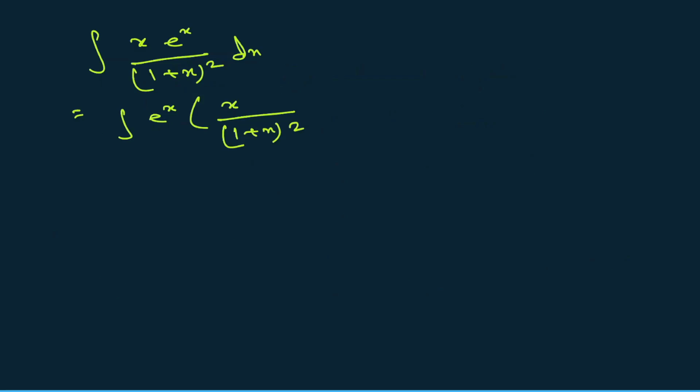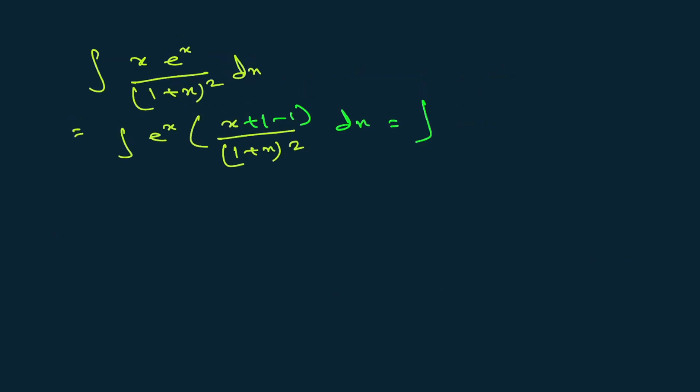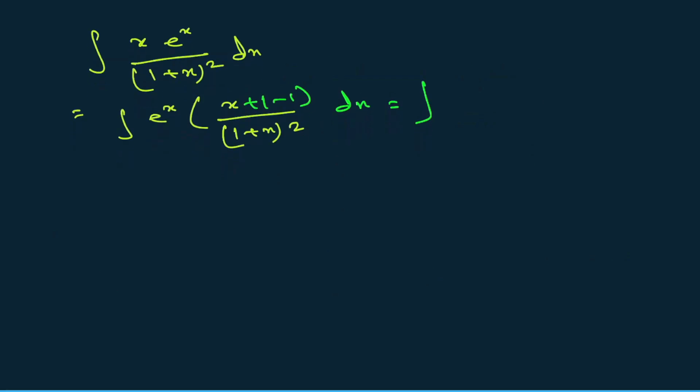So what we'll do? We'll write plus 1 minus 1. So in dx, we can write here e to the power x into (1 by 1 plus x minus 1 by (1 plus x) whole square).